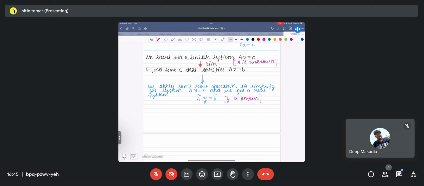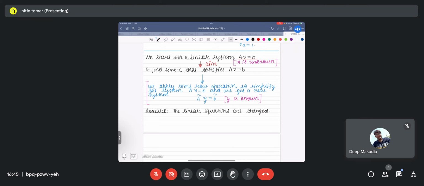So when we are changing the system, the linear equations have changed. The system has changed.